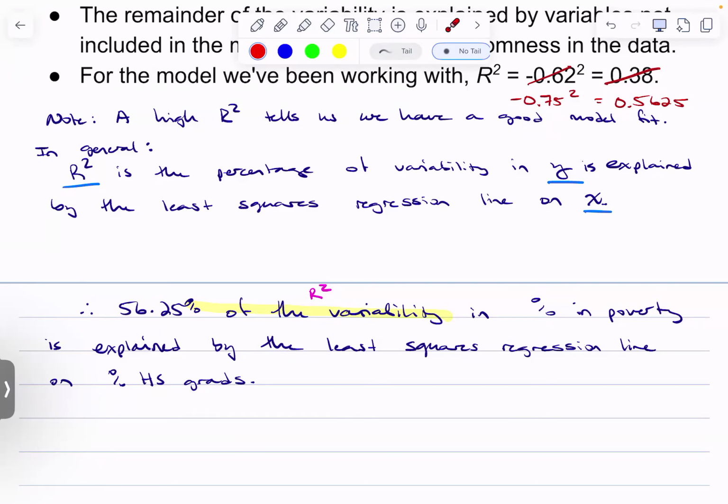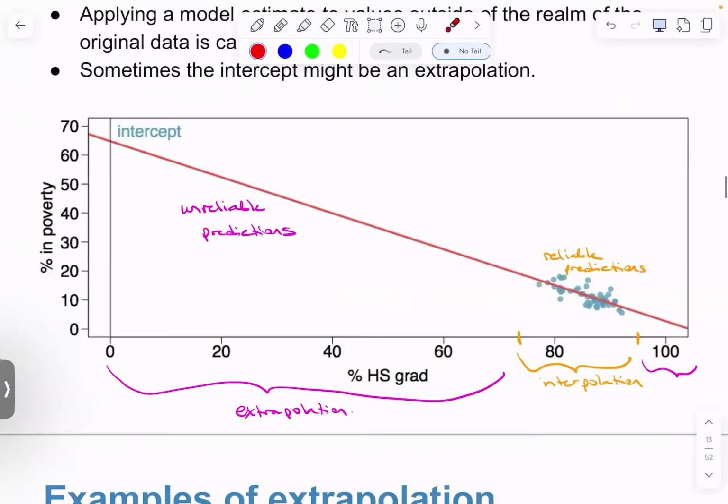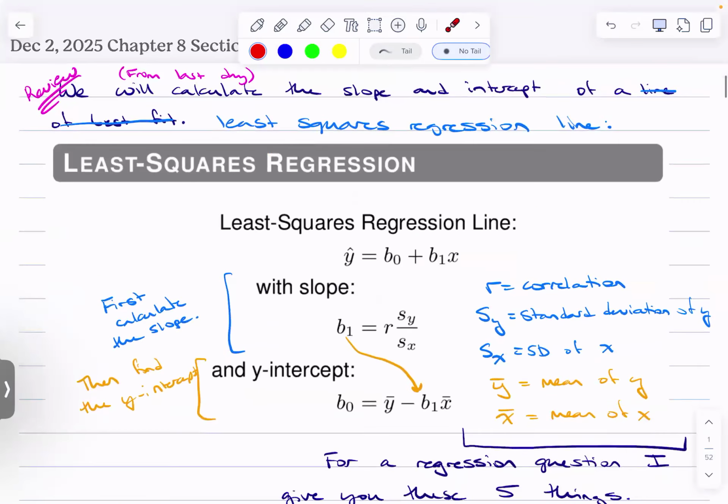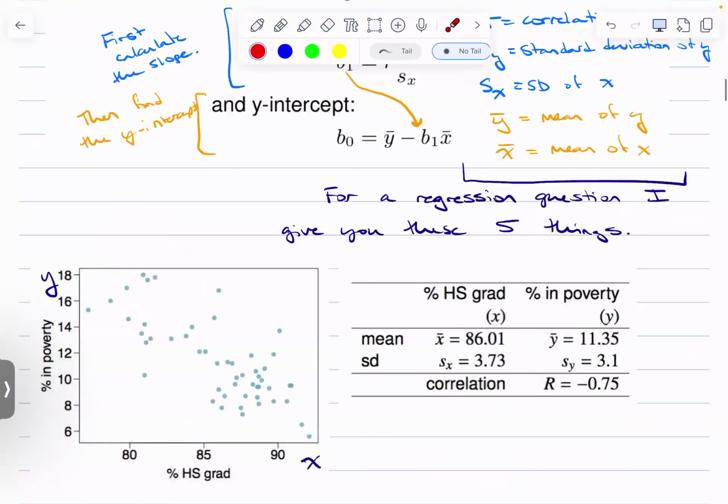And so linking back to the very beginning with all the information that I need to give you, I need to give you the correlation. But one of the ways that I could give you the correlation is I could start us off and say, well, 60% of the variability in percentage in poverty is explained by the least squares regression line on the percentage of high school grads.